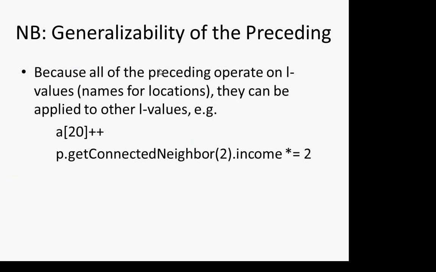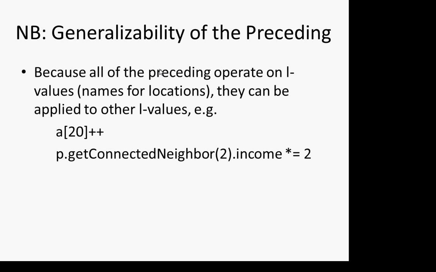But if it were part of a bigger thing, like if you said, I'll just put it on the board, A of 0 plus plus greater than C or something like that, or D, what this would be doing is it would say, okay, give me whatever value is there initially, and then meanwhile update it, and we'll say, okay, but is that original value greater than B or not?